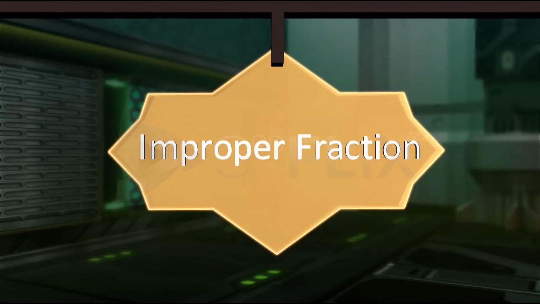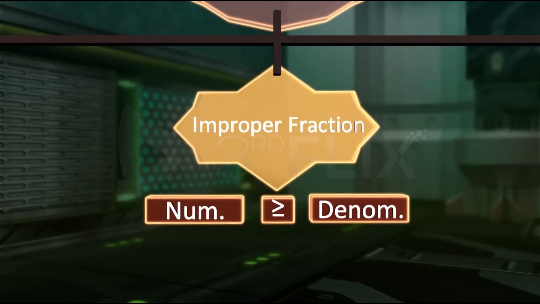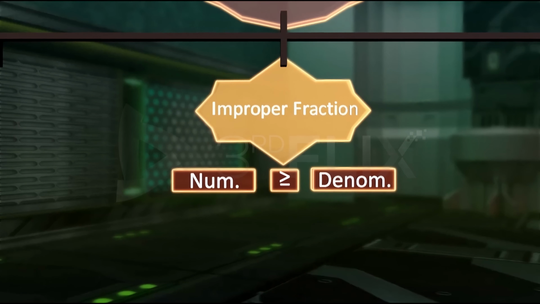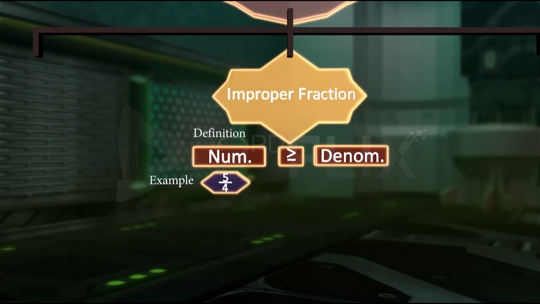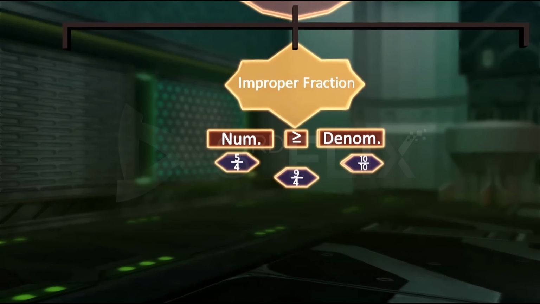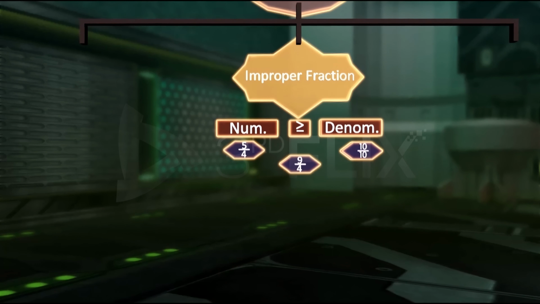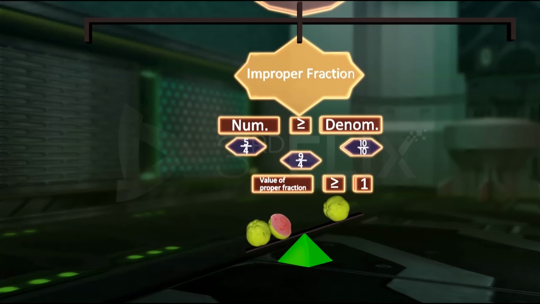A fraction that has the numerator greater than or equal to the denominator is called an improper fraction. Example: 5 by 4, 9 by 4, 10 by 10 equals 1 are all improper fractions. The value of an improper fraction is always greater than or equal to 1.